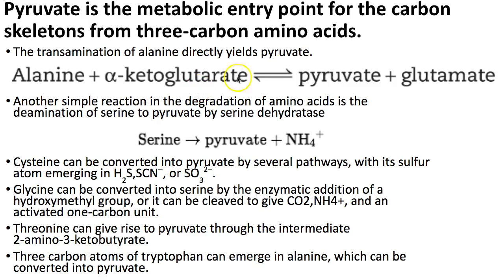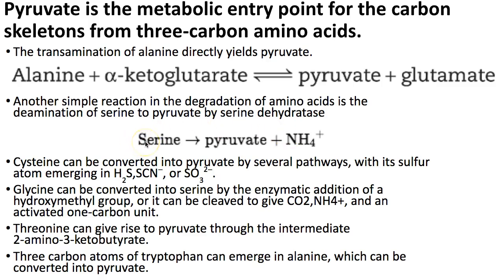This should be very familiar if you looked at part 2, on how amino groups are transferred over to an alpha keto acid, ending up forming glutamate. In this case, it could produce pyruvate. And then serine gets converted to pyruvate, and the ammonium ion is produced.